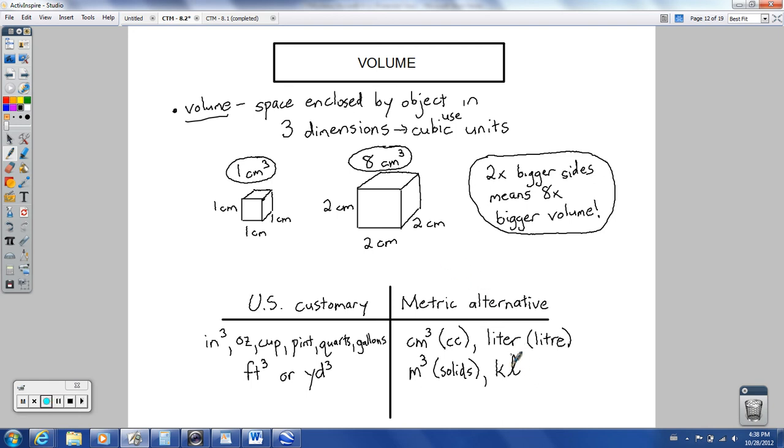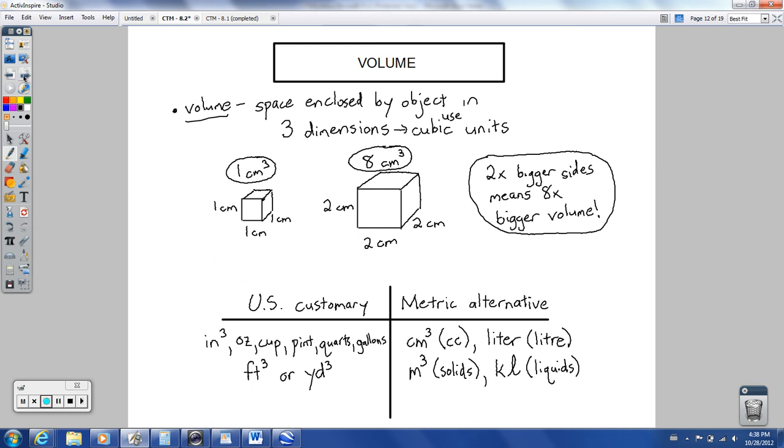A liter is a measurement of volume, so I don't need to put liters cubed. That wouldn't make any sense. So kiloliters, that is when we're measuring liquids. So meters cubed, cubic meters, so when we're doing solids. Kiloliters or liters is more when we're doing liquid type measurements. So these are going to be more solid type measurements. These are more liquid type measurements. There's an exception with cc's. We'll get to that later though.